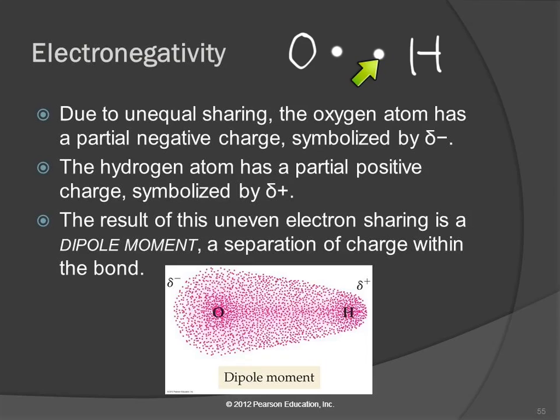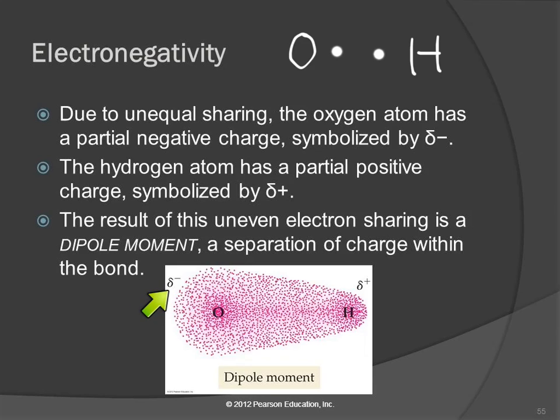If this little guy disowned his family and got adopted by oxygen, we would have an ionic situation where we would have oxygen with a negative charge and hydrogen with a positive charge. That's not what we're talking about here. It's a partial charge. So this Greek letter delta is used to indicate a partial charge.